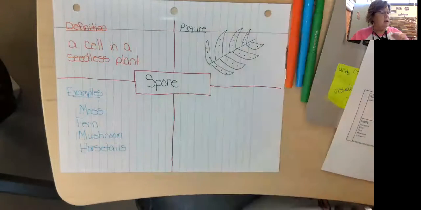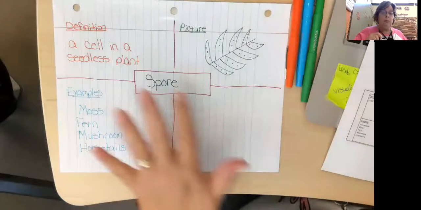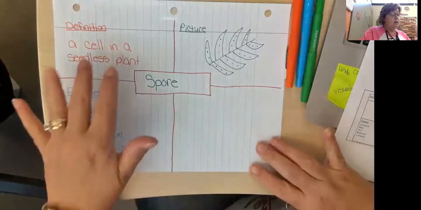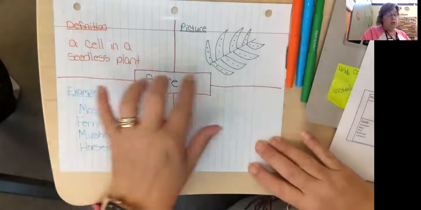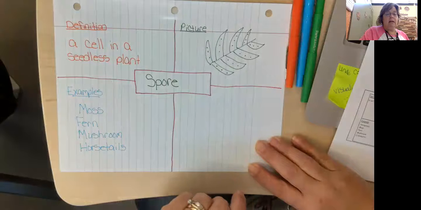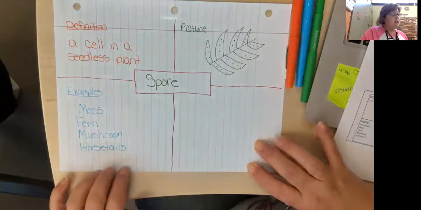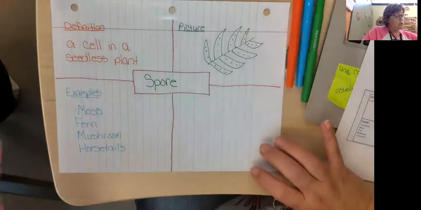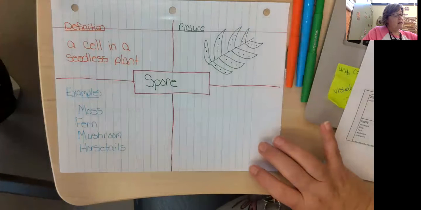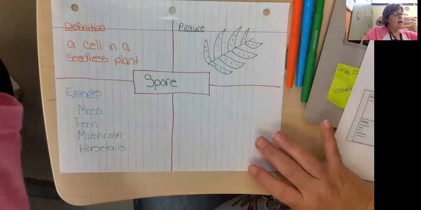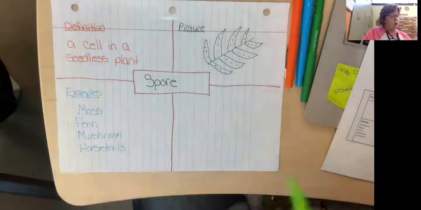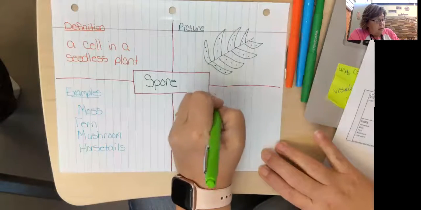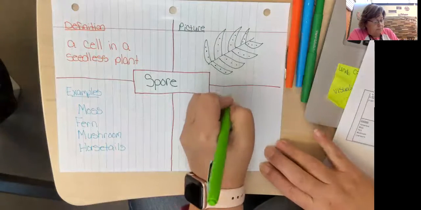All right, now what makes this Frayer model so good is that you're not only learning what it is, you're seeing what it looks like. We're talking about some examples, and then at the very end, we're going to talk about some non-examples, what a fern or what a spore is not. So in this column, I'm going to write non-example.